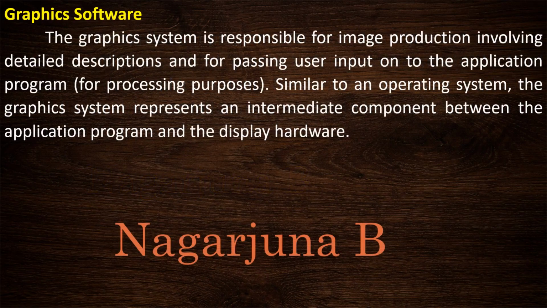The third component is the graphics system. This graphics system will be accepting the input from the application program, which will be providing a series of geometrical input to the graphics system. The graphics system is responsible for image production involving detailed descriptions and for passing user input on to the application program for the purpose of processing.